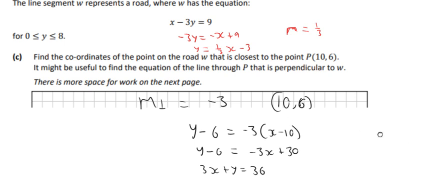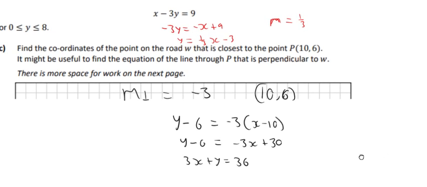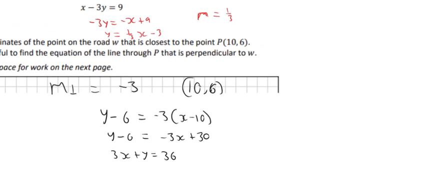So I'm going to take that line and the other one and see what the point of intersection is. So 3x plus y is equal to 36 and x minus 3y is equal to 9. If I multiply the bottom one by minus 3, it'll make the x coefficients the same.